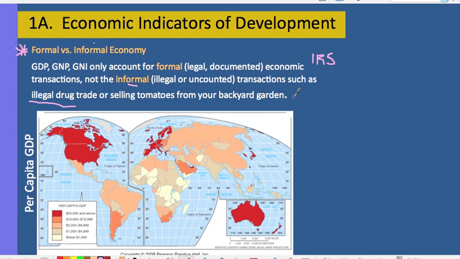This includes maybe a lemonade stand and selling lemonade. It could include people who are waiters or waitresses and they collect tips, and they might not claim all those tips to the IRS. So the economy really includes every bit of monetary transaction, buying and selling of goods and services, whether it's formal or informal.